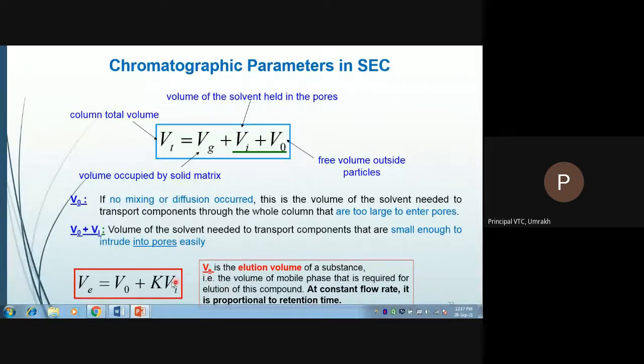Here K is a constant and it will depend on the flow rate or mobile phase. So those are the chromatographic parameters in SEC.